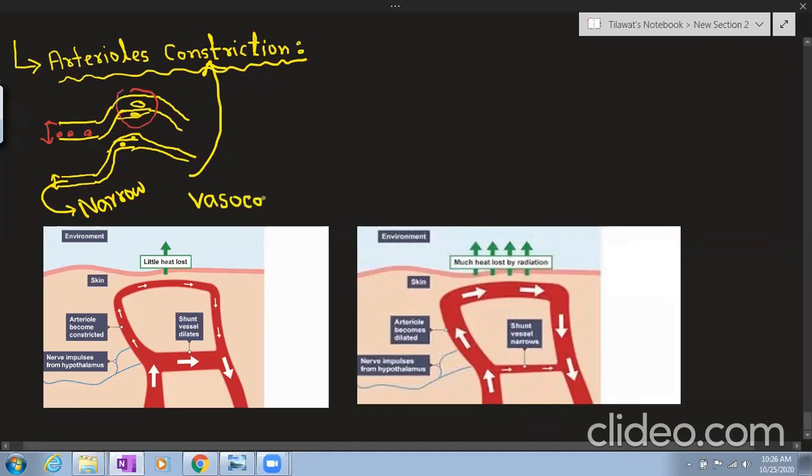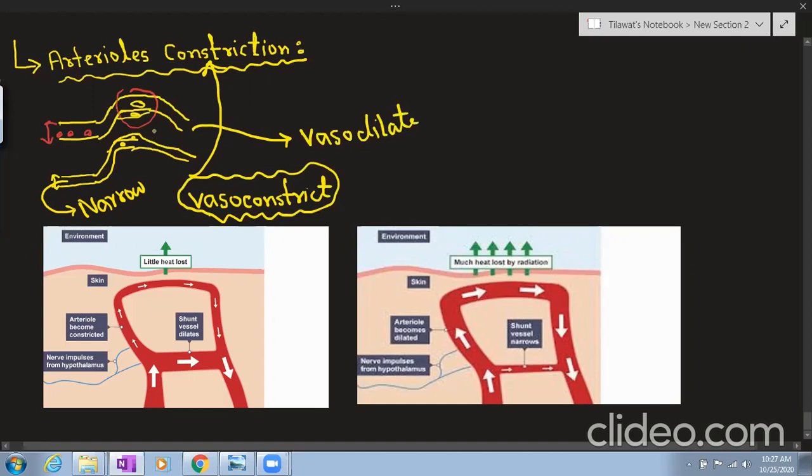Vasoconstriction. Your blood vessel becomes constricted, and less blood is moving toward your capillaries. In this other case, you can see your artery will become dilated. So this condition is called what? Vasodilation. When a blood vessel is dilating, it means the diameter or lumen of that blood vessel becomes wide, more space is created, so more blood will flow through.